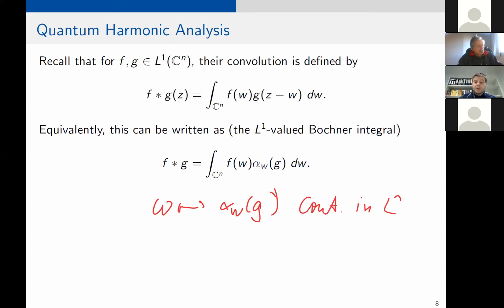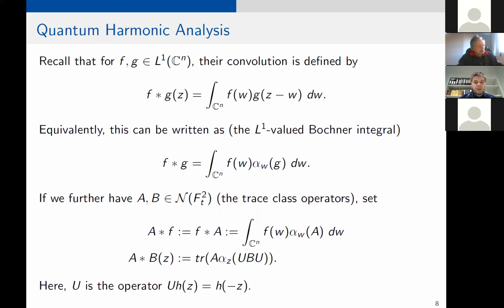And if you know this, you can try to define other kinds of convolutions. For example, if we start with two trace class operators on the Fock space, so this n of ft is for me always trace class, then we can define the convolution of A with f, where f is still from L1.